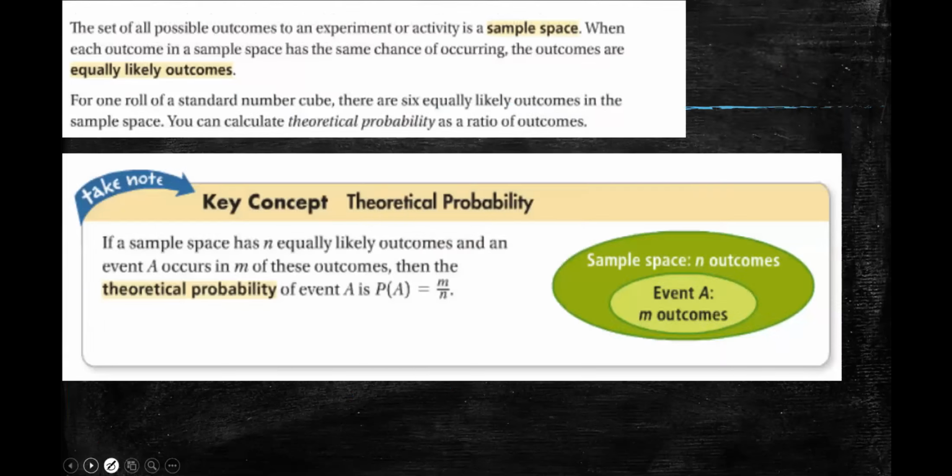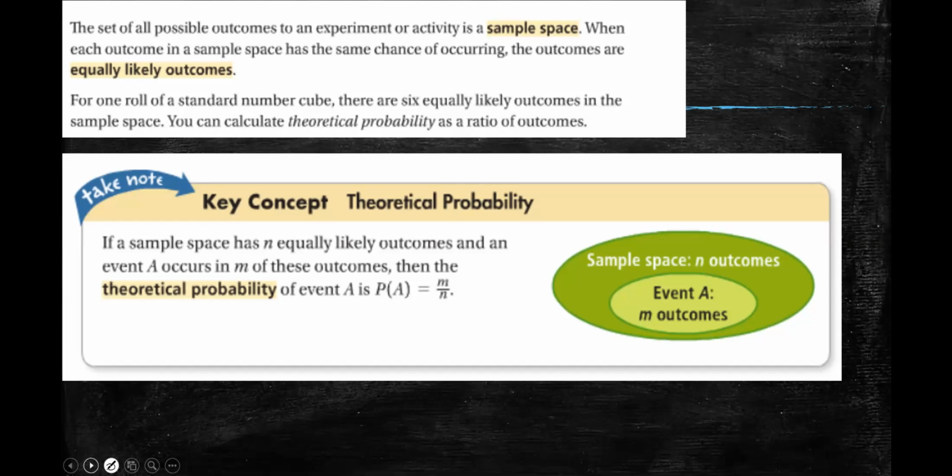Now, the set of all possible outcomes of an experiment or activity is a sample space. When each outcome in a sample space has the same chance of occurring, the outcomes are equally likely outcomes, as we said before.